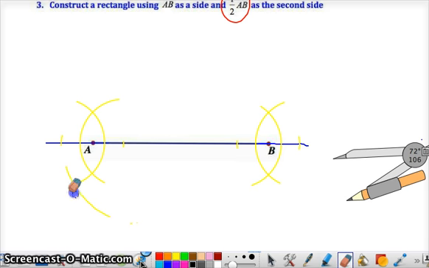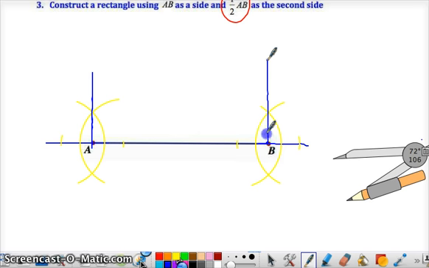So right now I have my intersections, so I can construct my two perpendiculars going through points A and point B. Okay, so these are 90-degree angles.